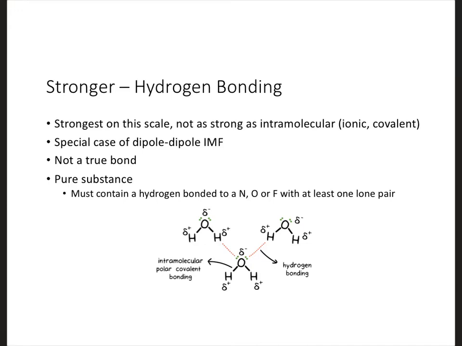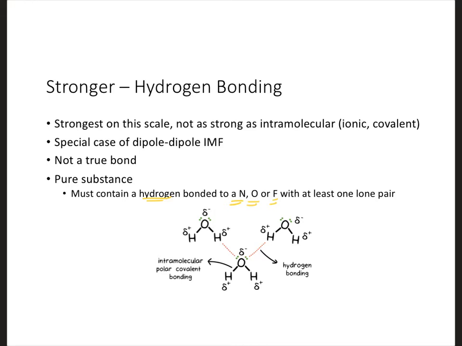So we're in the top right corner with fluorine, with oxygen, with nitrogen, all very electronegative. If they're bound to a hydrogen, they pull very strongly on the electrons from a hydrogen. And so that creates a very strong dipole. So hydrogen bonding is really just a case of a very strong dipole.